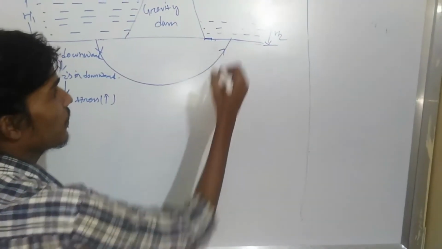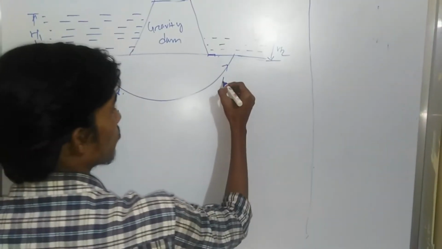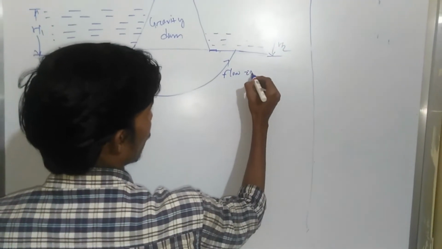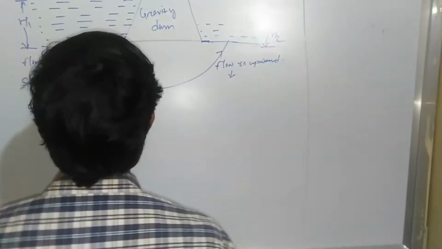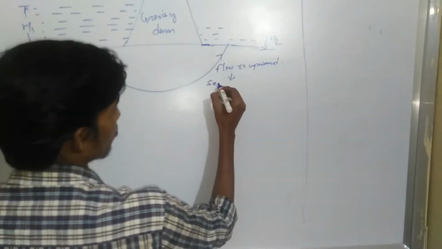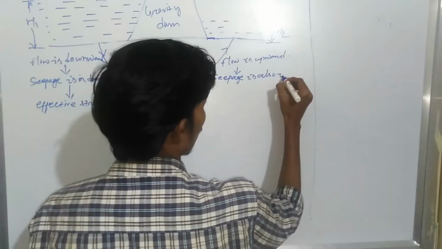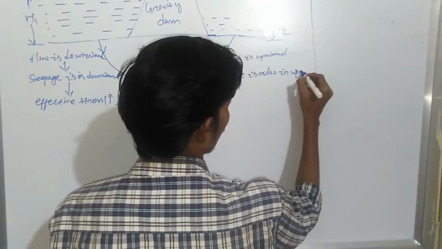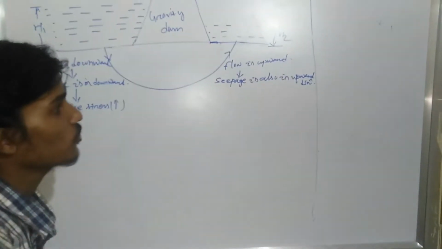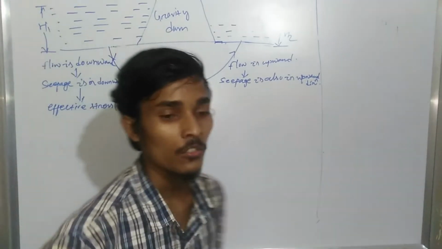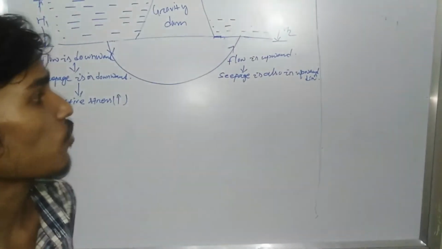But on the downstream side, the flow is upward, and as a result the seepage is also in the upward direction. Previously we studied that when the seepage is in the upward direction, the flow condition is known as the upward flow condition.